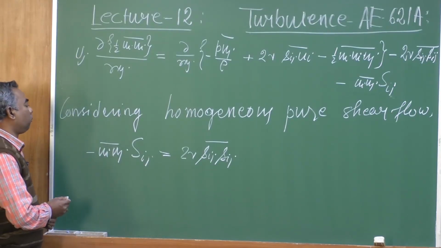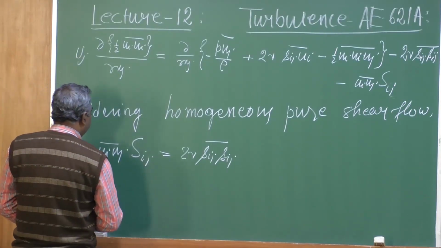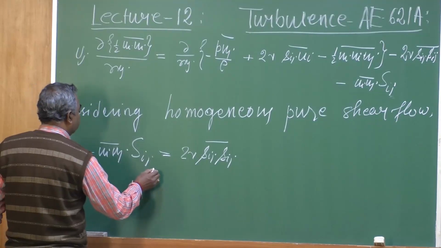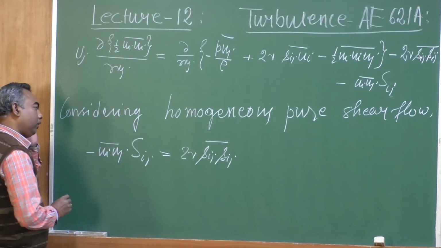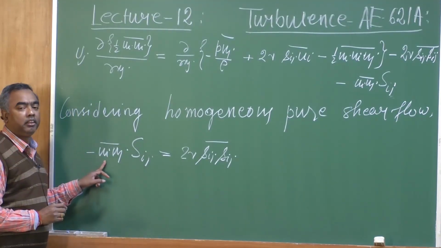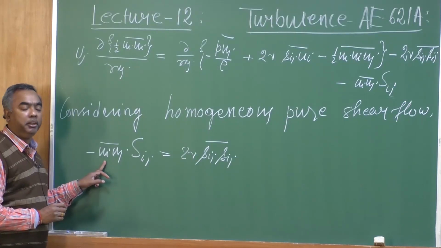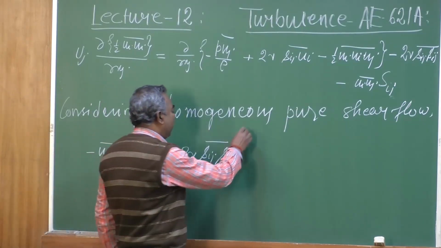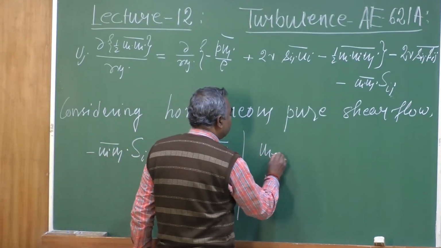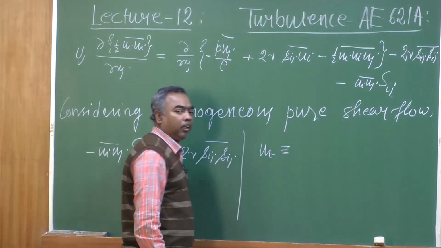And then what we did, actually, we considered the turbulent velocity scale to be u t, which was not defined in the last class.